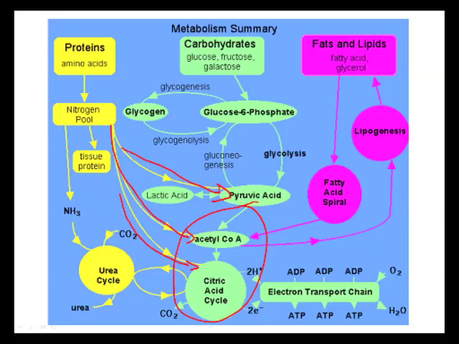All right, so we have a lot of side reactions that can feed into various parts that will ultimately then lead to the production of ATP. What we're going to find is that the majority of the ATP, significantly, maybe 80%, 85%, is produced in the electron transport chain. We're going to get very little ATP from glycolysis. We're going to get very little ATP from the citric acid cycle, but we're going to get the majority of the ATP from the electron transport chain.